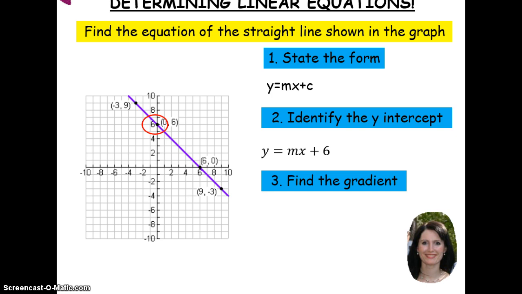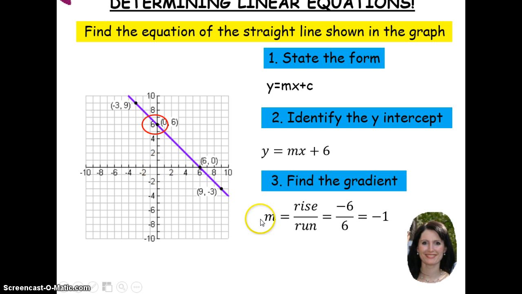So let's find what that m value is. In other words, what is the gradient? Our formula for gradient is rise over run. So I'm going to say, how do I get from my y-intercept to another point on the graph? I'm going to take the x-intercept as my other point. From the point 6 on my y-axis, I need to go down 6.